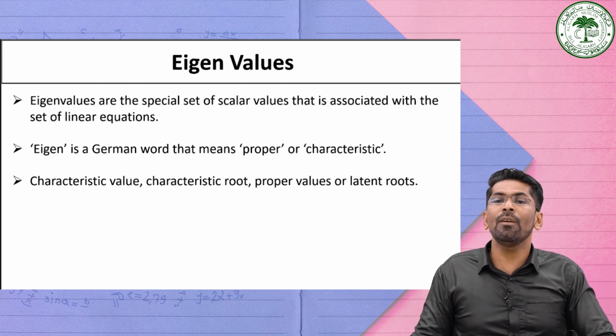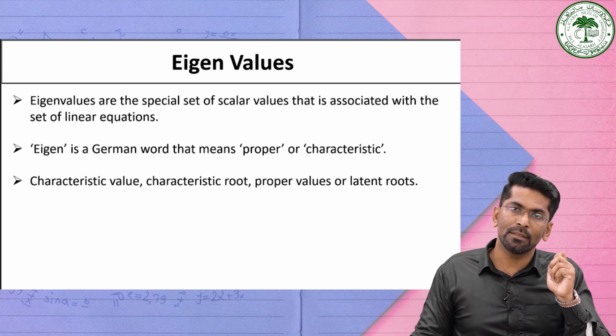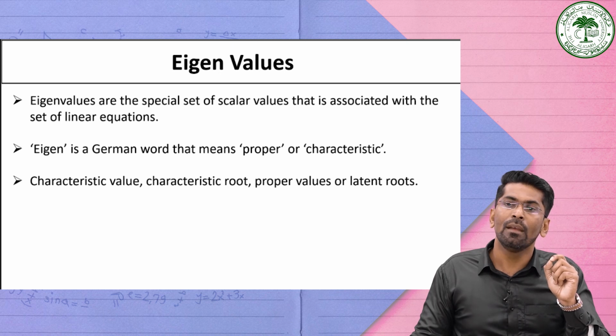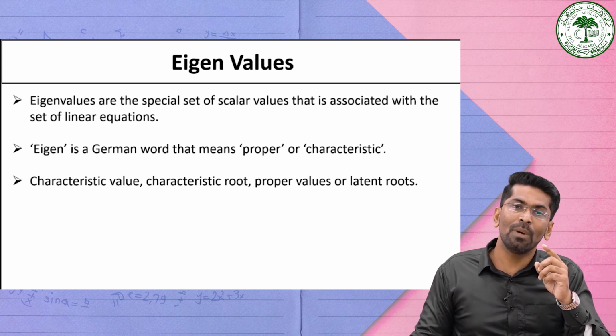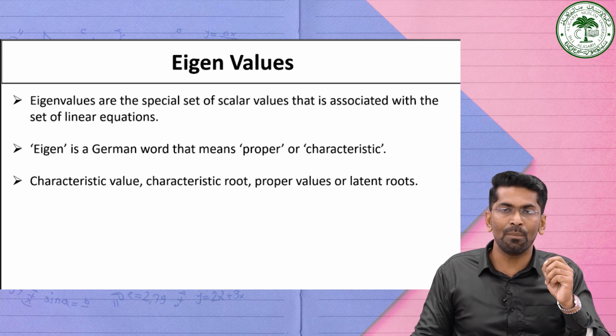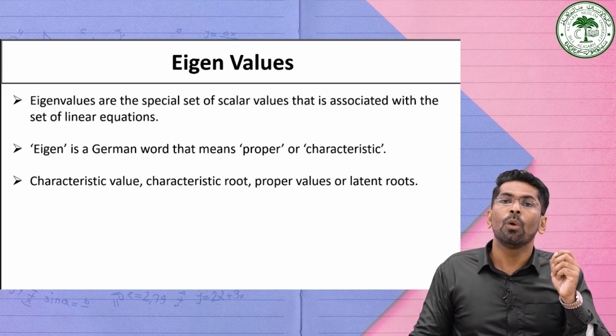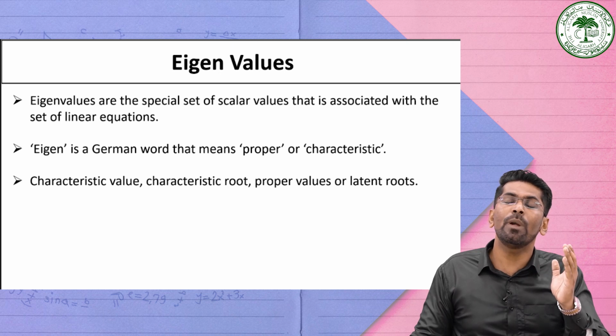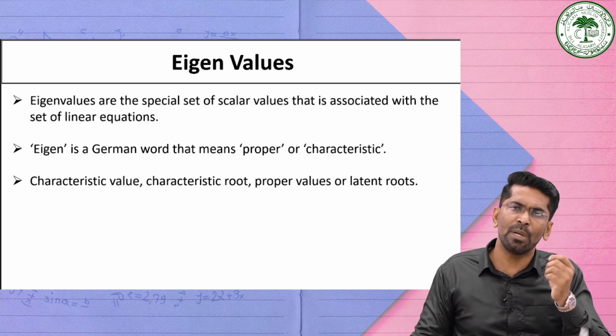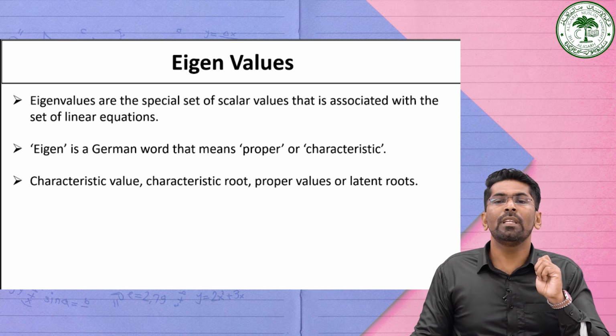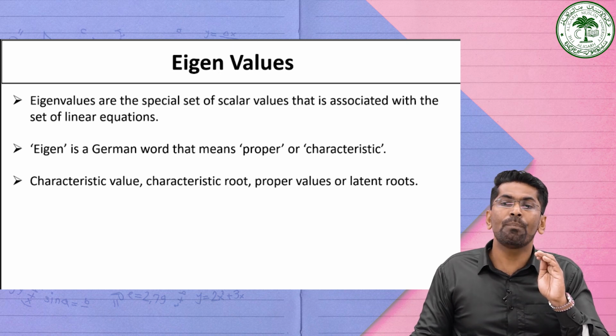So an eigenvalue of a square matrix, for example matrix A, is a scalar. For example, I am denoting it in terms of lambda, such that when the given matrix A operates on the corresponding eigenvector, for example, I am denoting it in terms of x, the result is a scalar multiple of the vector x.